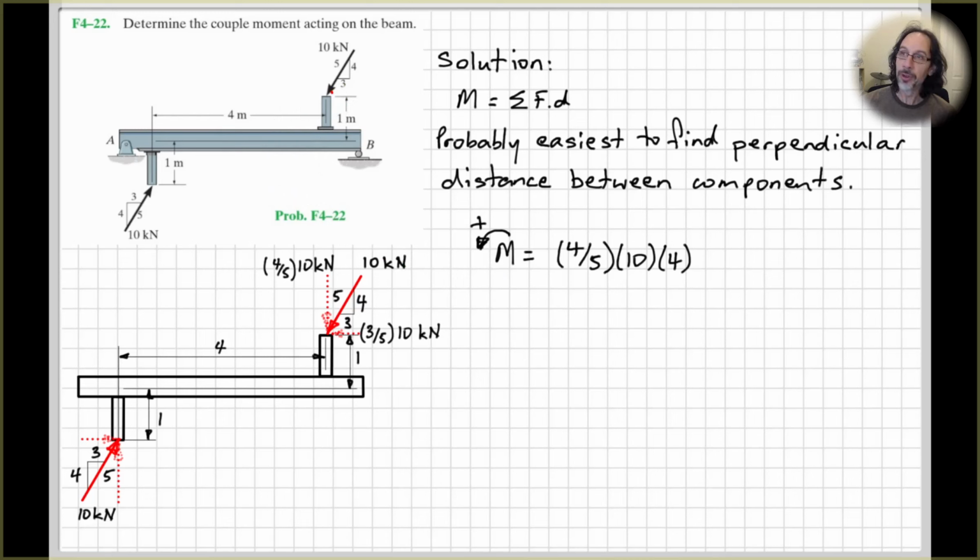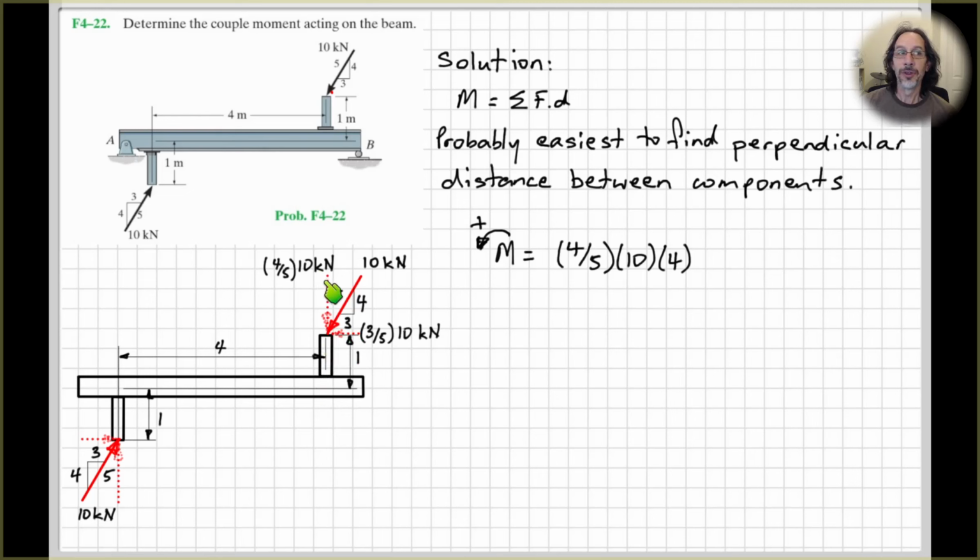But if we look at this force down here, that's the other thing to note. Usually when we're calculating moments, we indicate the point we're taking moments about, right? But because in this case we have couples, either the original couple or the two couples from the components, we know that no matter where we calculate moments about, we're going to get the same answer.